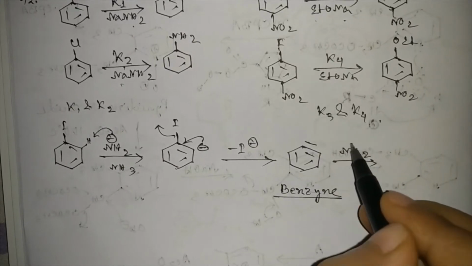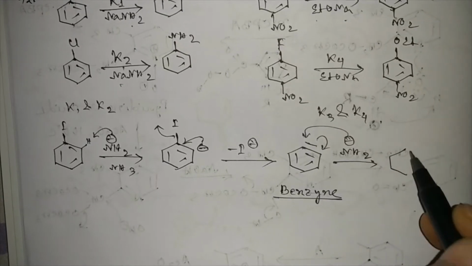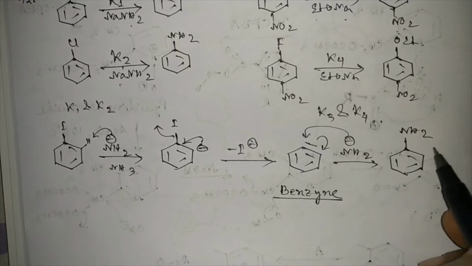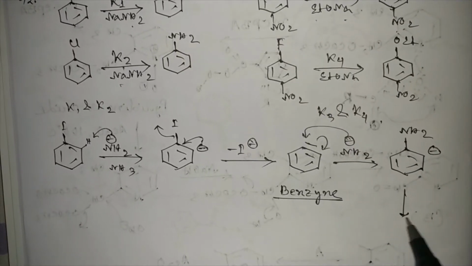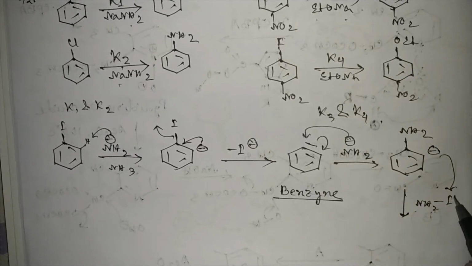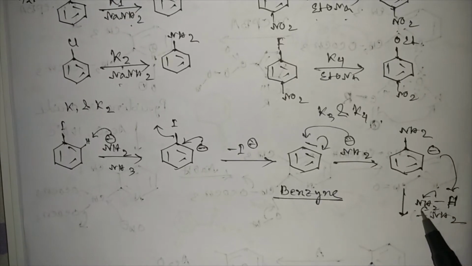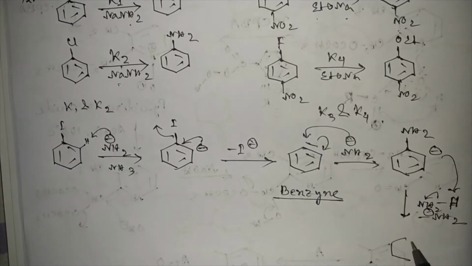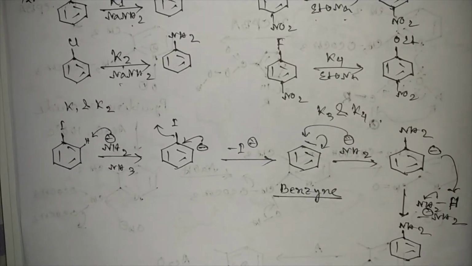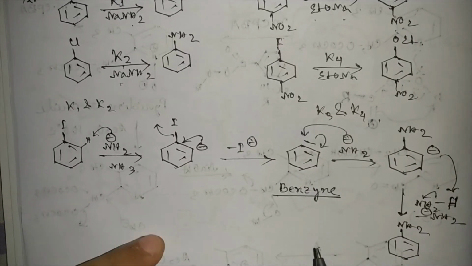Then NH2 minus will attack, then it will take one proton and form aniline. So this is the mechanism of this reaction. For chlorobenzene also it will be the same.